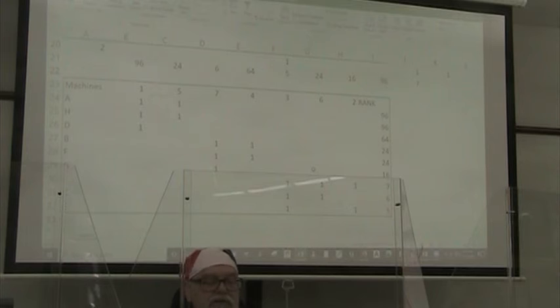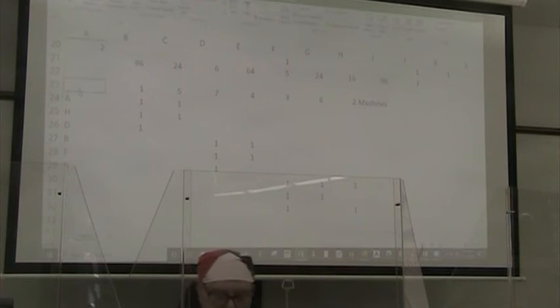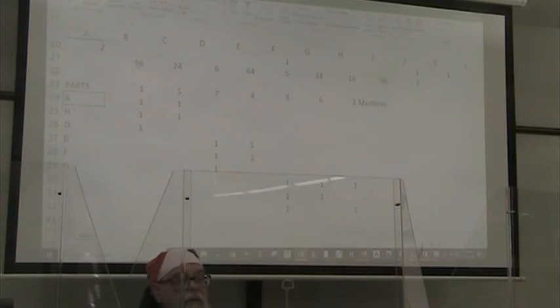Now you'll notice that it seems as though it has sorted itself into 3 clusters, right?